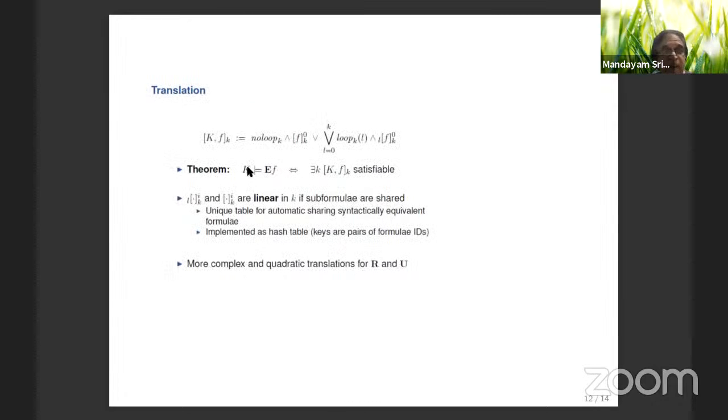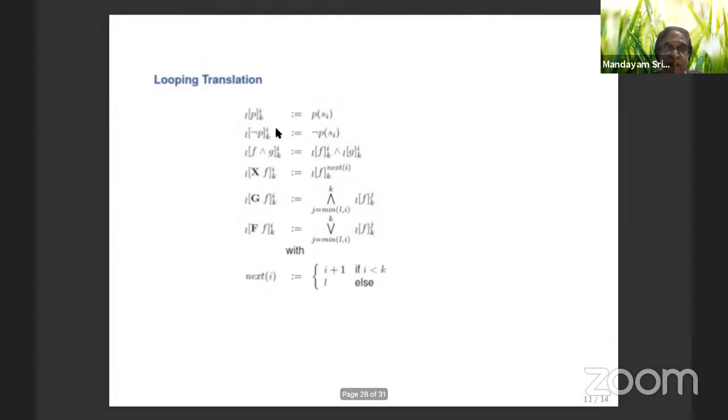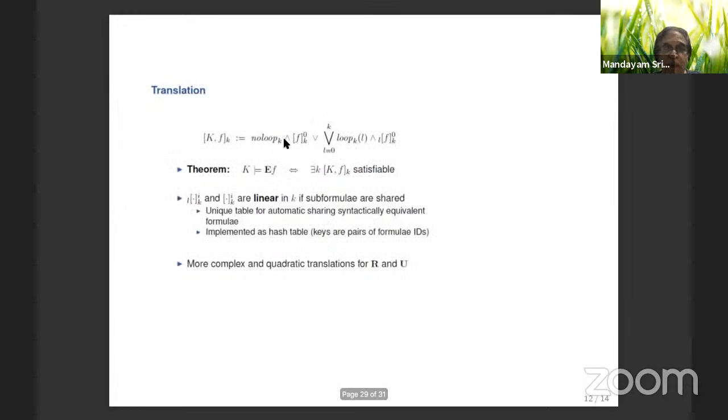As I said, the top level translation will invoke the recursive translation function that I just showed for the looping and non-looping cases.